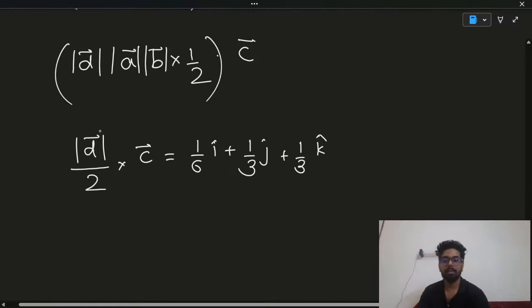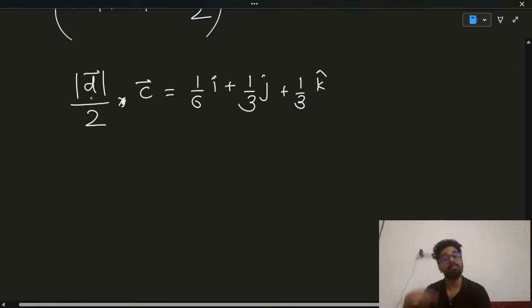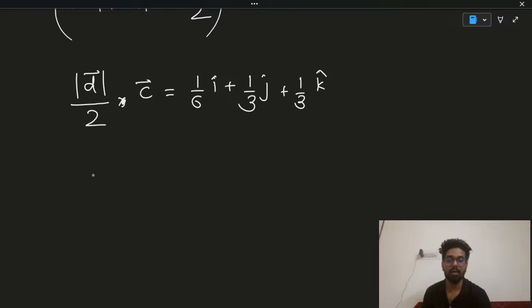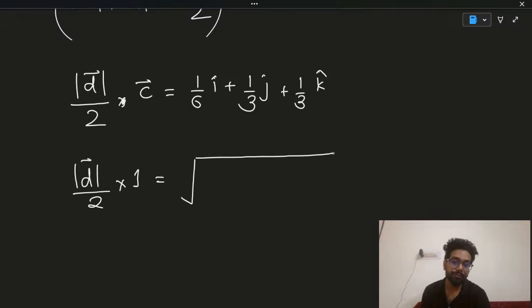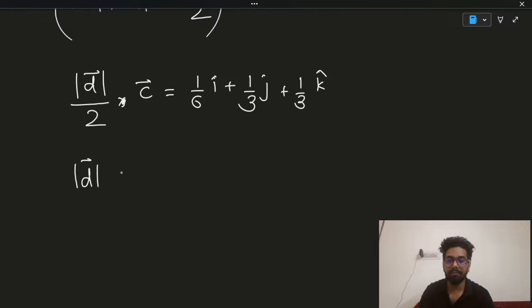Now this is general multiplication. Now take mod both the sides because we need to get the value of D. Modulus of C is a unit vector, so it will be 1. Let's send this 1 by 2 first to the other side.